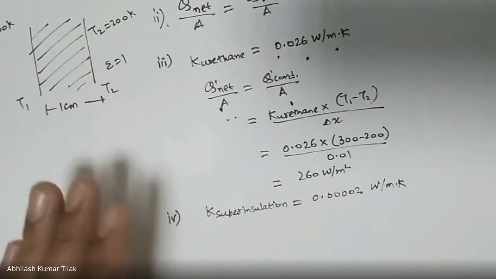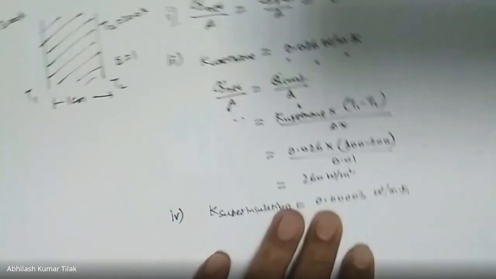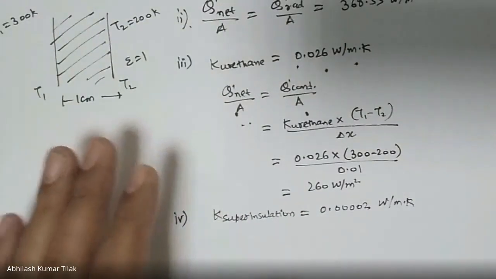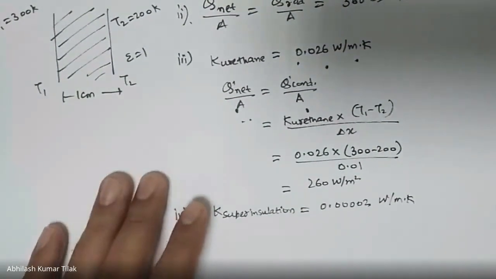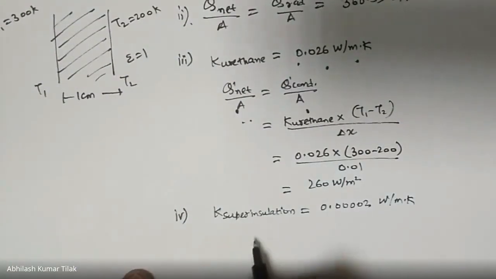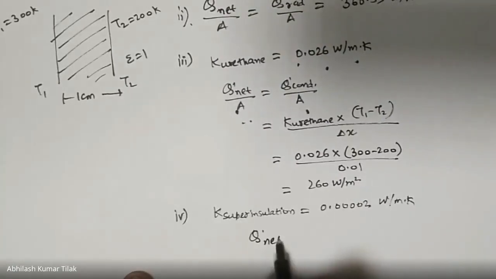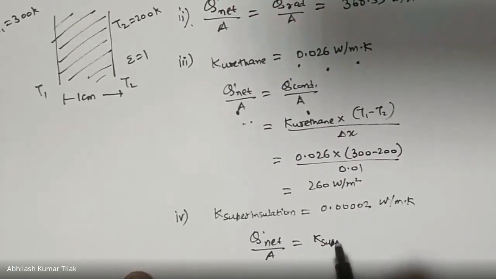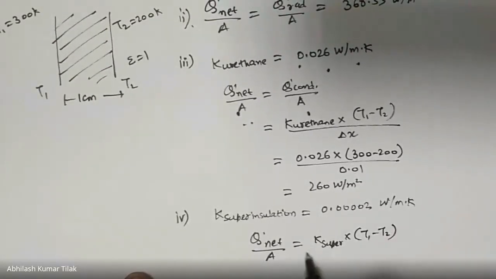Since this is a very low thermal conductivity value, the radiation heat transfer is very minimal. So I can say Q total will be accounted for only by conduction heat transfer. So Q net upon area would be K of super insulation into T1 minus T2 upon delta X.